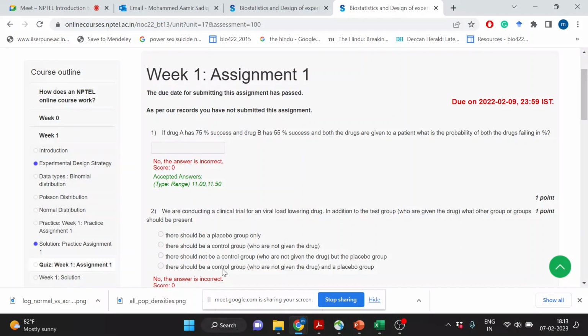People react differently just because of the fact that they are given something. It could be not a drug at all, but just the act of giving something that looks like a drug can have an effect. The drug that you give comes in pills or something, so just to control for that effect, you have a placebo group.